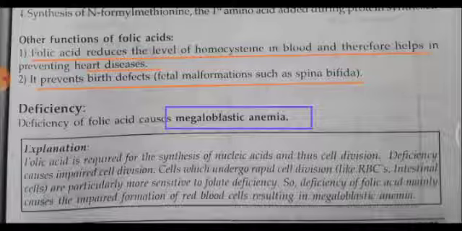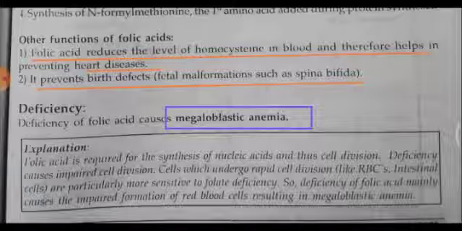The other function of folic acid is that it reduces the level of homocysteine in the blood, and thereby helps in preventing heart disease, because homocysteine can cause heart disease and its level is decreased by folic acid. It prevents birth defects like fetal malformations such as spina bifida, which is seen in deficiency conditions.